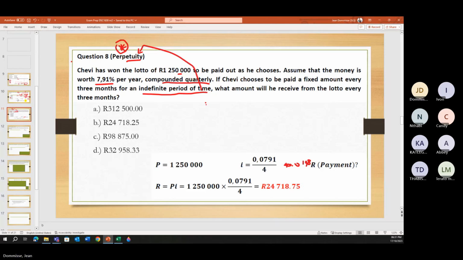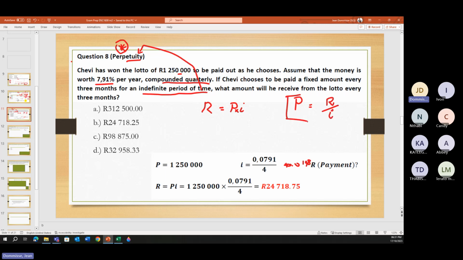So your repayment is per period. So what your P would have been is R divided by I. That is your normal formula.